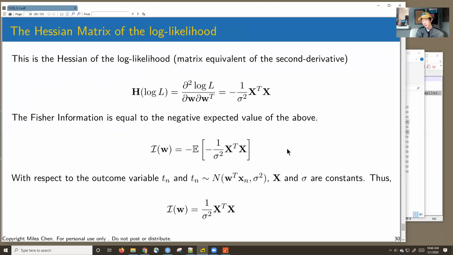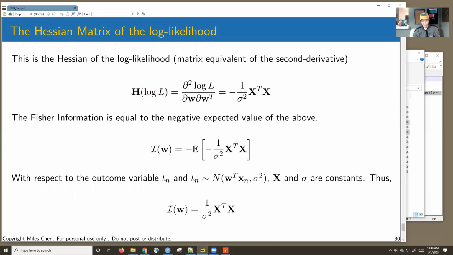Okay, and you have something similar going on here with the Hessian matrix, except it's in a higher dimensionality. So the important thing to remember about the Fisher information is that you're taking the Hessian. You're asking what is the curvature of my log likelihood function? Is there high curvature?